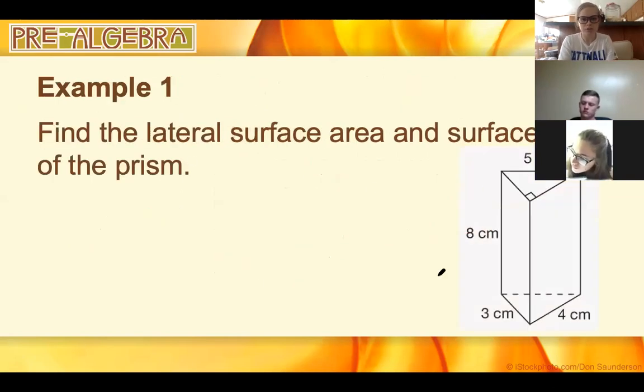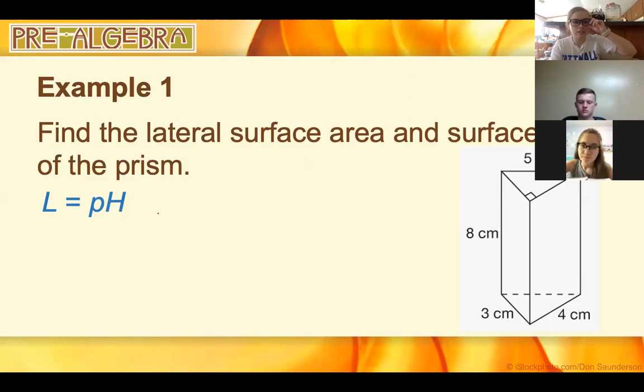So here we go. Let's find the lateral surface area and the surface area of this prism. Well, first off, Ethan, what kind of prism do we have? A triangular prism. Yes, because the bases are triangles. This is a triangular prism. Let's start off with the lateral surface area. So remember, the lateral surface area is equal to the perimeter of what, Ethan?